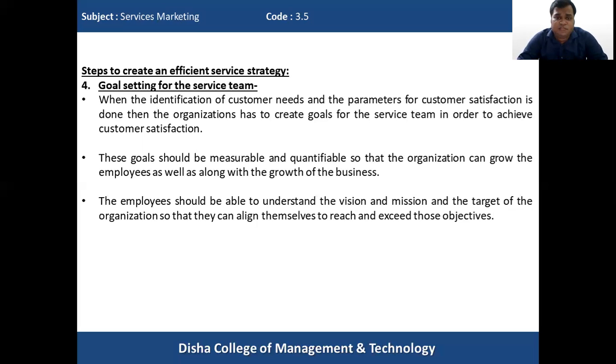What is the mission of the organization, what is the vision of the organization, and what is the target that the organization has set for itself. Once they are able to understand these things, they will be able to align themselves with the mission, vision, and target of the organization, and they will be in a better place to reach the objectives, or the goals that have been set for the service team. So this is very, very essential.